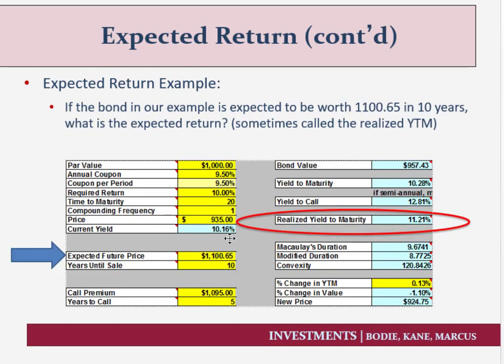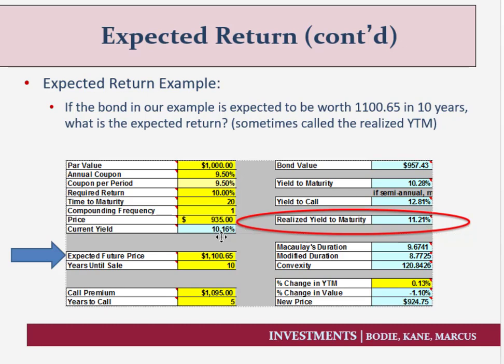So in our bond valuation, we have a place to put this expectation. We expect the bond to be worth $1,100.65 in 10 years. So the realized yield to maturity is 11.21%. So if this is my strategy, all right, I'm better off than holding it to maturity.